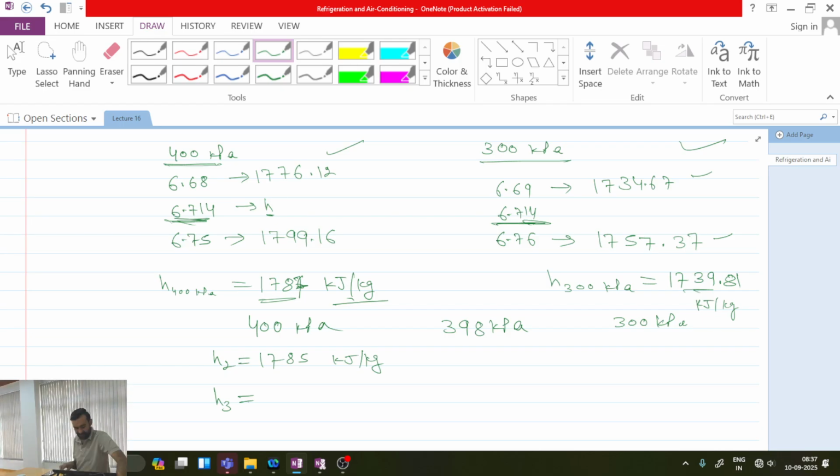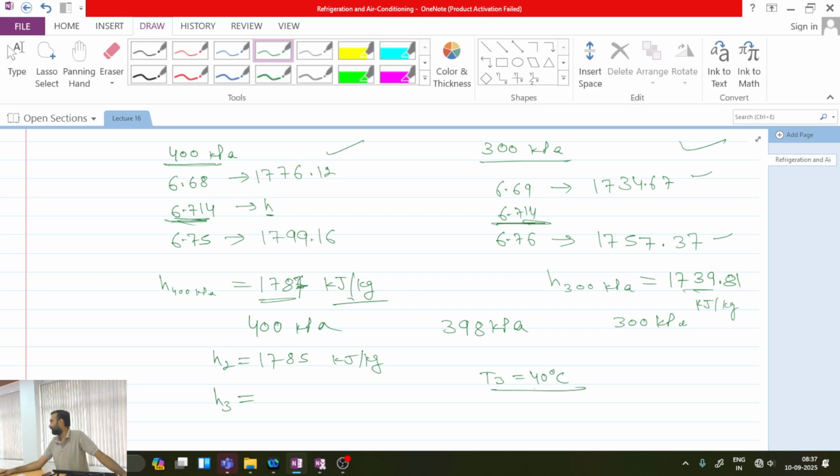It means the temperature at point 3 is 40 degrees Celsius. Now again go to superheated tables. You have to locate 40 degrees Celsius and pressure of 400 kPa.